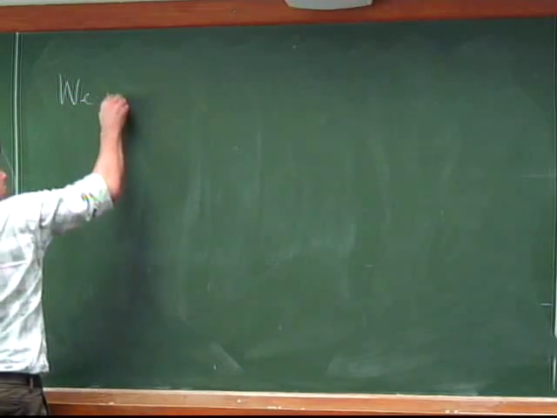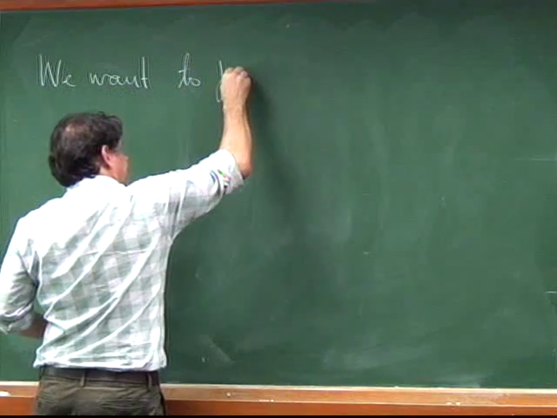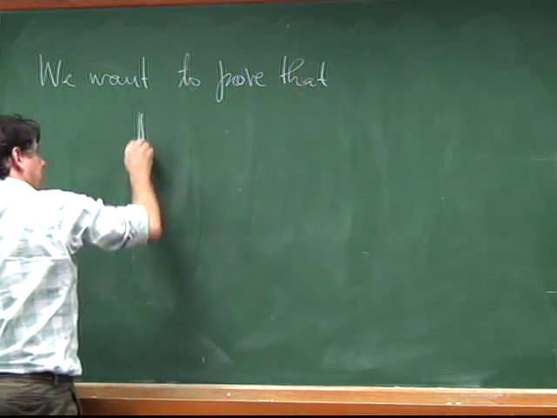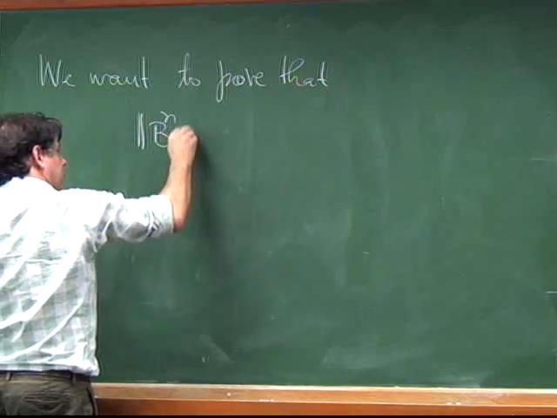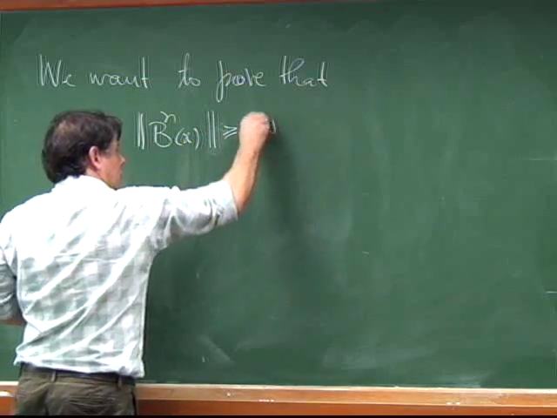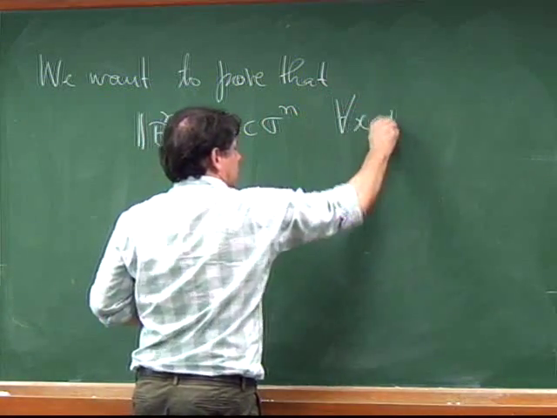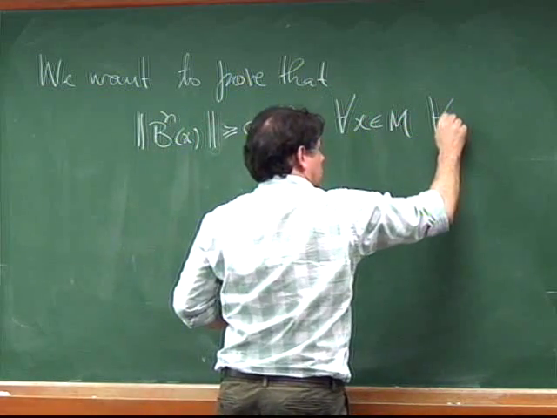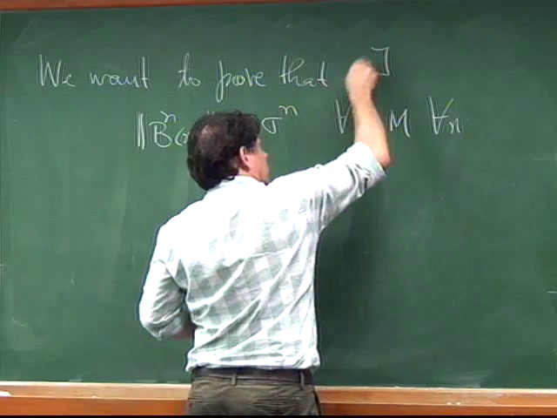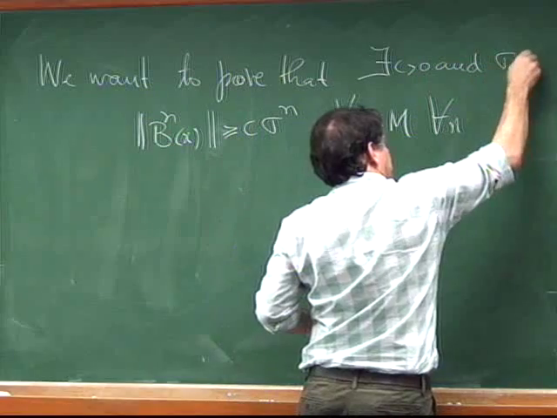We want to prove that the norm of B^n(x)v grows for every x and every n, and that there exist C and sigma.